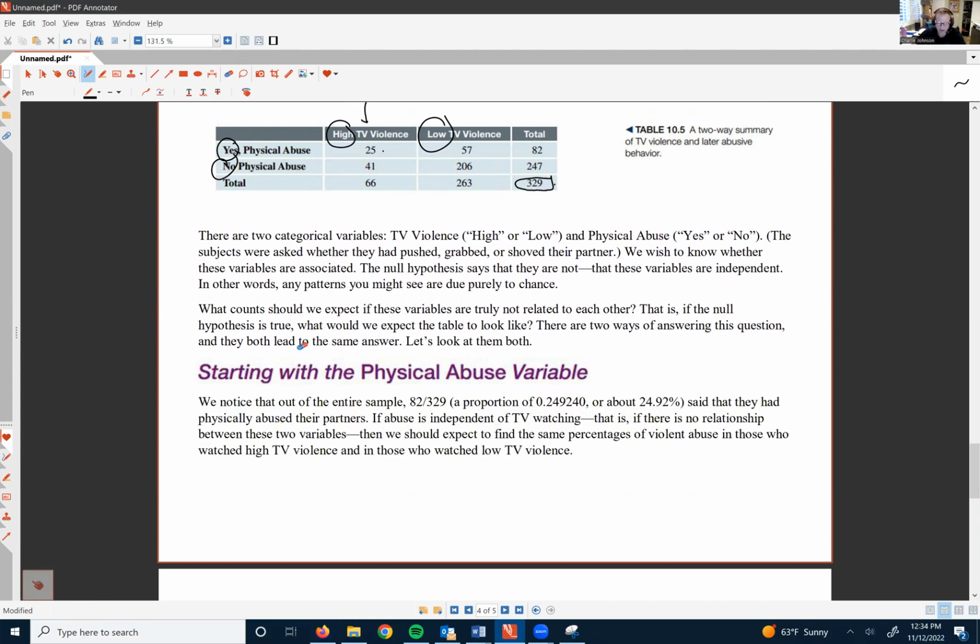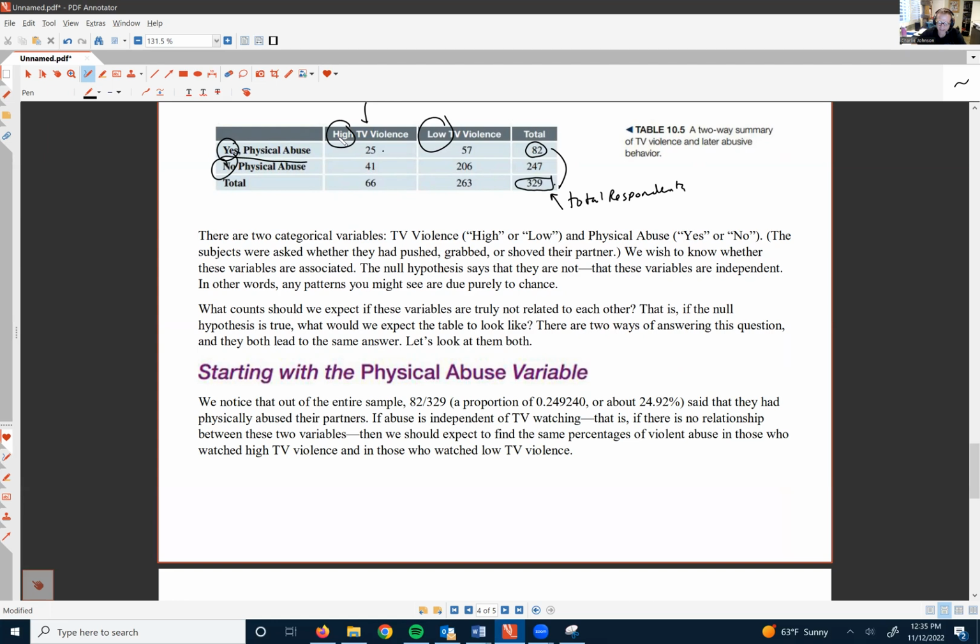We notice that out of our entire sample, the 329 total respondents, 82 out of 329 said they had physically abused their partners.